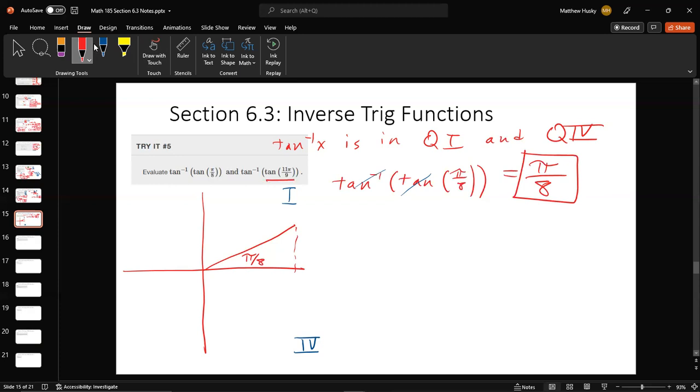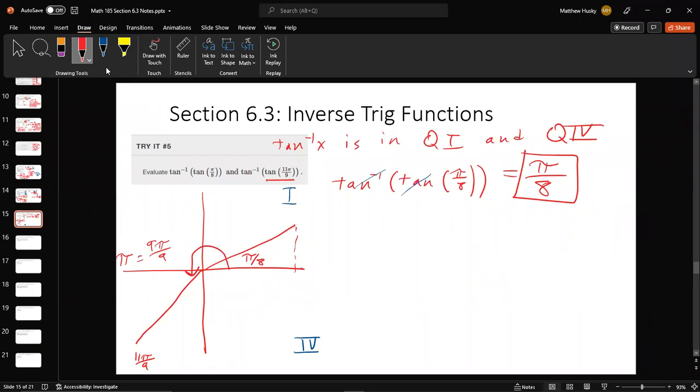Meanwhile, what do we have here? This is 11 pi over 9. Pi is right here, which would be the same as 9 pi over 9. So 11 pi over 9 is actually going to be over here, like somewhere. The specific values this equals actually don't even matter really.